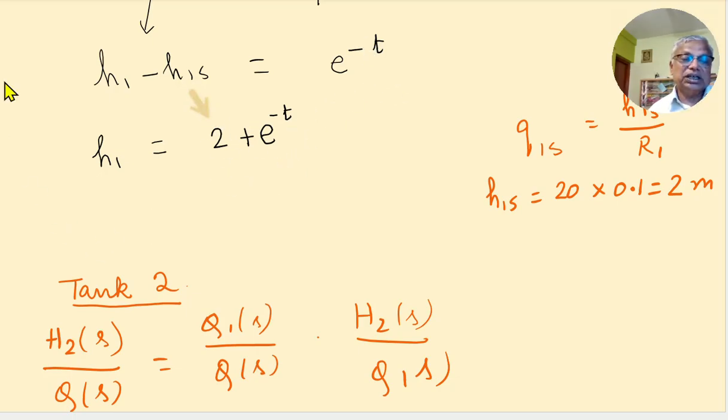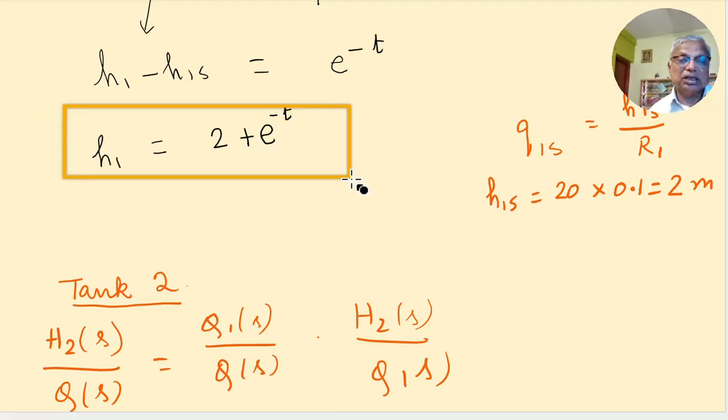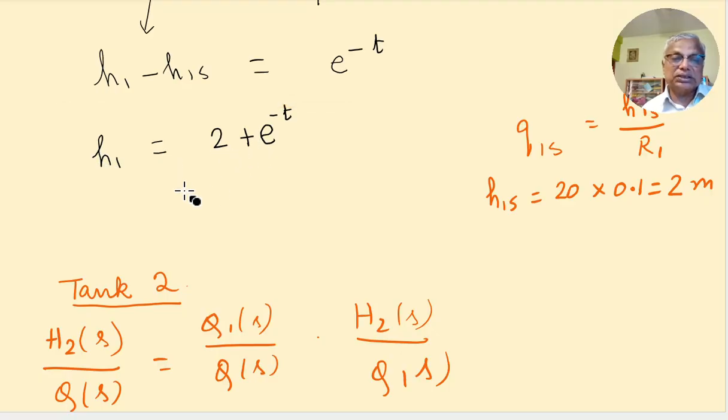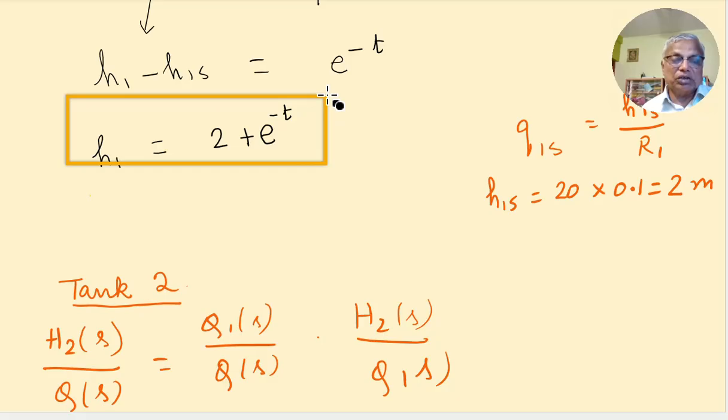So this is the equation for the response in the level of the first tank. How does the level in the first tank vary with time after the tank has been given a disturbance in the form of an impulse input? The level in the first tank is going to vary by this equation, H1 equal to 2 plus e power minus t. So if you want to know what will be the height at any time after the disturbance, you can calculate from this equation.